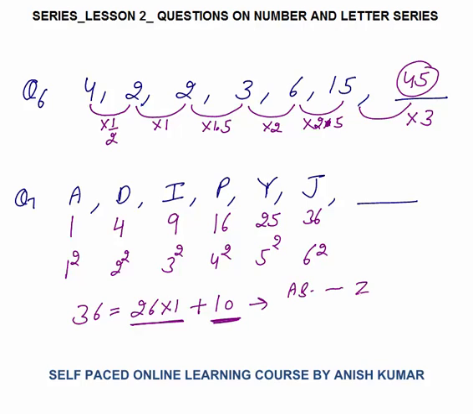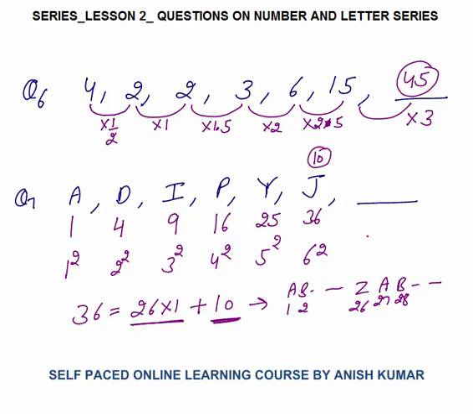A, B, C up to Z. This is 1, 2, this is 26. After 26, again it will start from A. 27 means A, 28 means B, and so on. So 26 into 1 means that the series has been completed one time. The 10 means J.